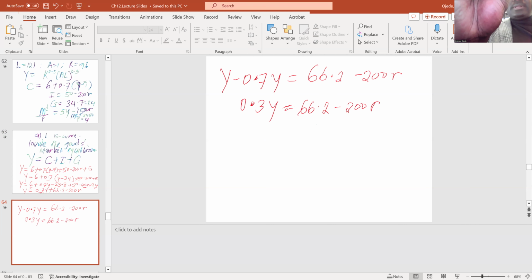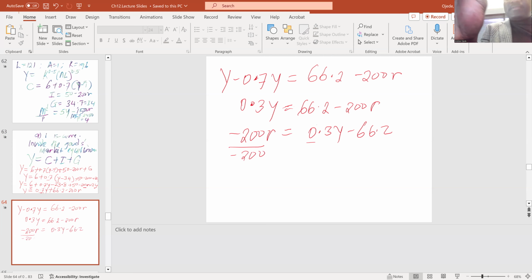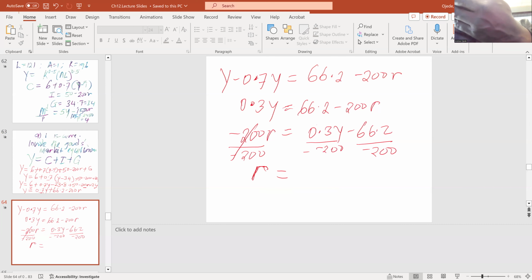So I can subtract 66.2 from both sides. You're going to have negative 200R equals 0.3Y minus 66.2. Then I'm going to divide all through by negative 200. Negative divided by negative is positive, so R equals negative 66.2 divided by negative 200, which is a positive number, 0.331.